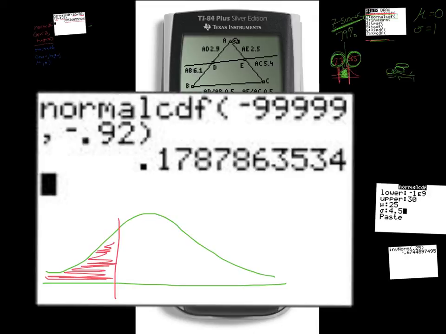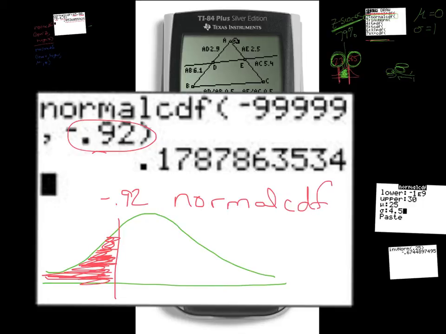Well, now what do I do? Pretty simple. You just have to give a low point and a high point of a z-score. So if I know the z-score is, let's say, negative 0.92, as it is right there, then what I'm going to do is I'm going to put in a low and a high in normal CDF z-score. So for my low, I'm going to type just a gigantically large negative number.